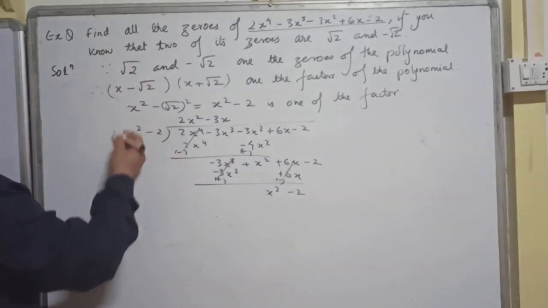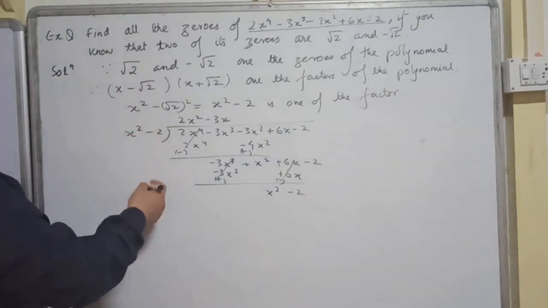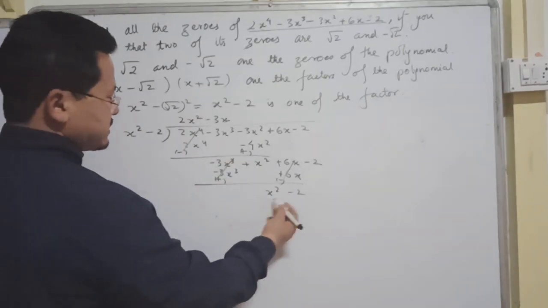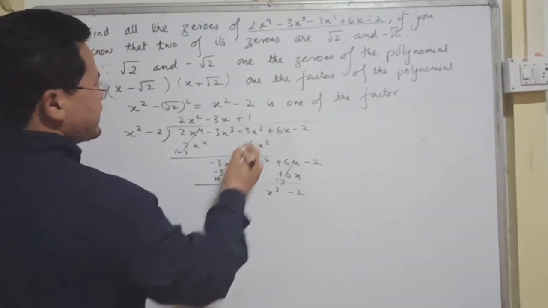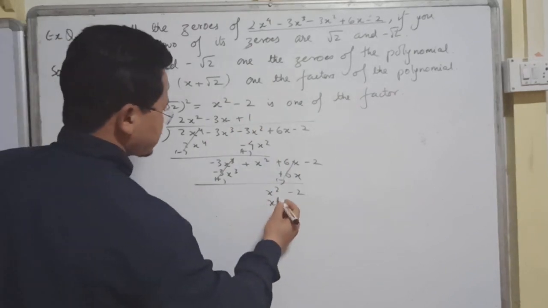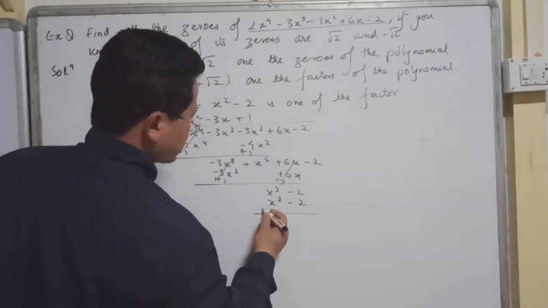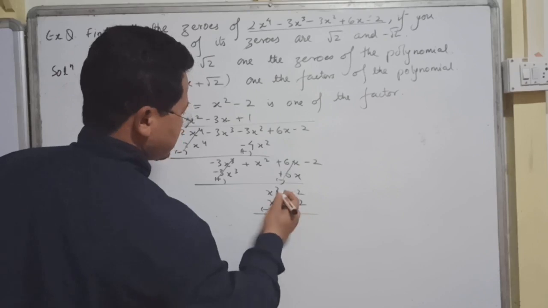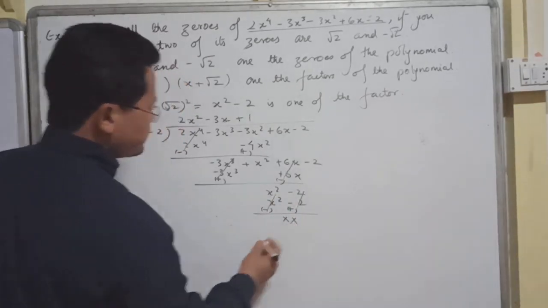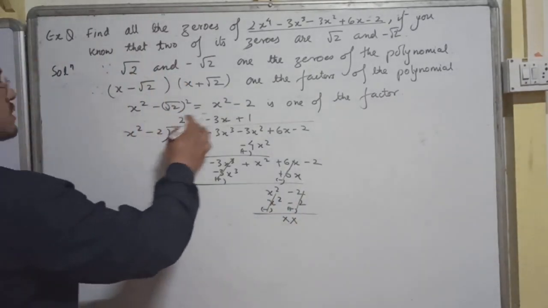Now we have x squared minus 2. We know that any term into identity is the same term, so the multiplier is 1. So x squared minus 2. Subtract, and 0 is the remainder. So this is the quotient.